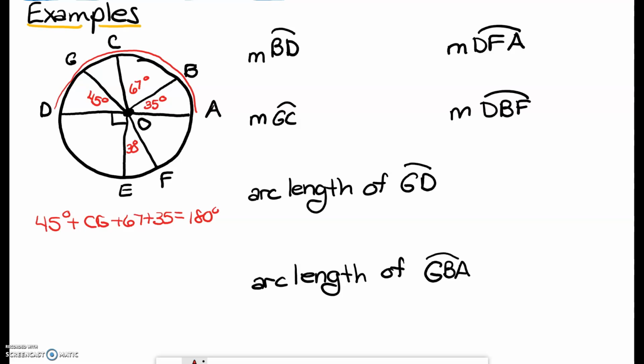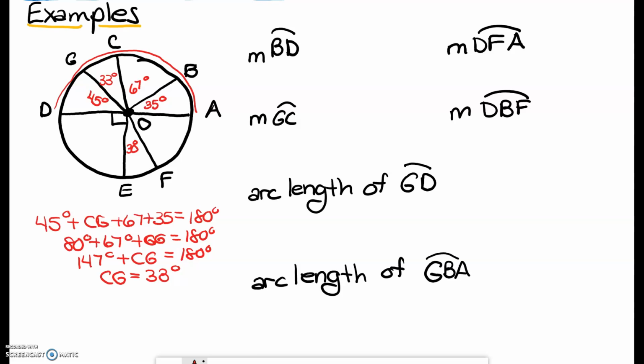So I know 35 and 45 is 80 plus 67 is 147 degrees plus CG is 180 degrees. So when I find CG, I get 33 degrees. So this is 33 degrees.